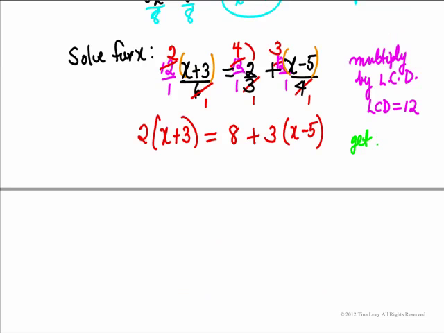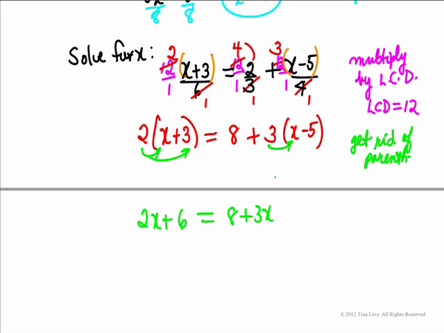Now we've got an equation where we can get rid of the parentheses by distributing. So we have 2x plus 2 times 3 is 6, 8 plus 3 times x, 3x, 3 times negative 5, negative 15.